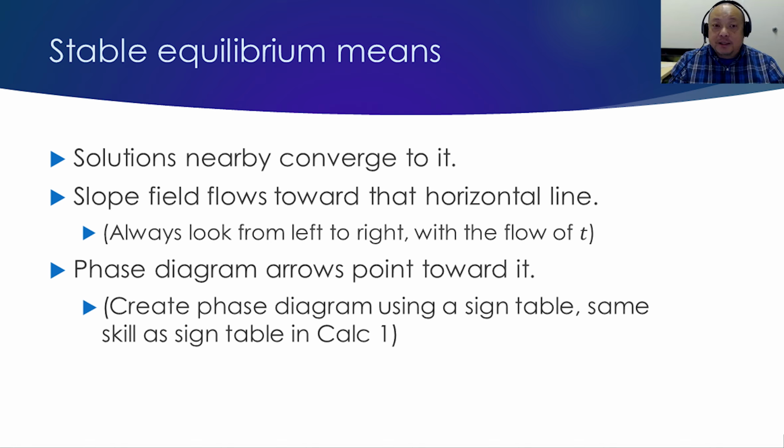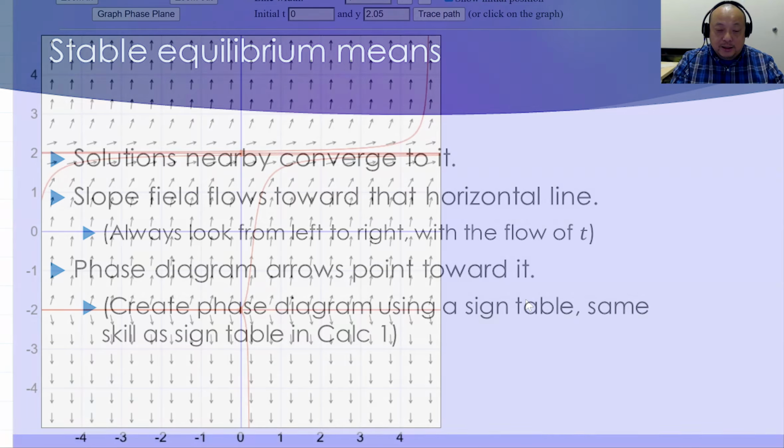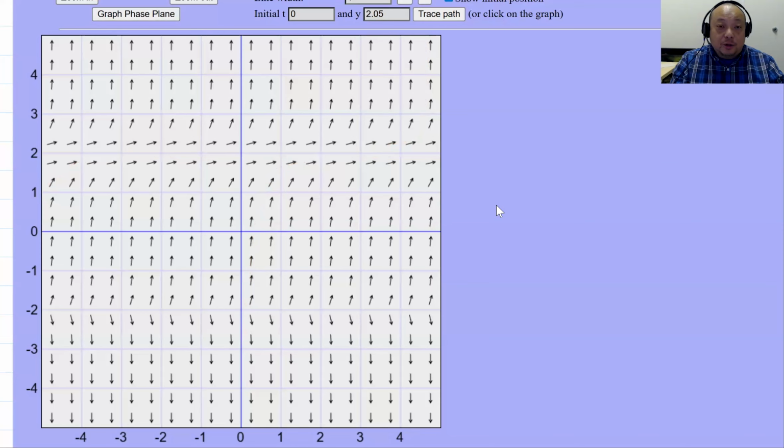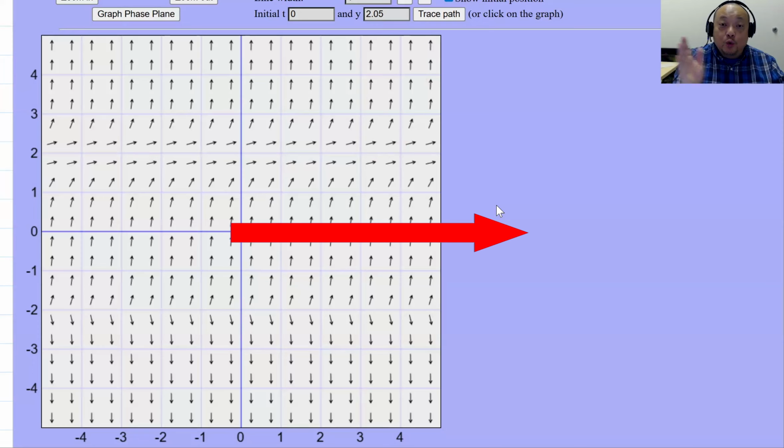Stable equilibrium means all of these things. Solutions nearby converge to it. The slope field flows toward that horizontal line. And for that matter, when you look at the slope field, always go from left to right. Flow with the independent variable.